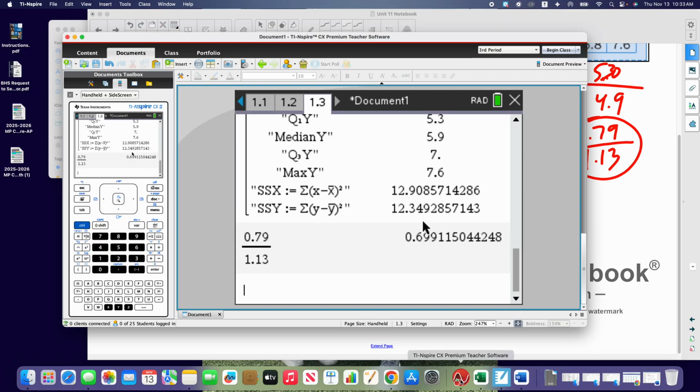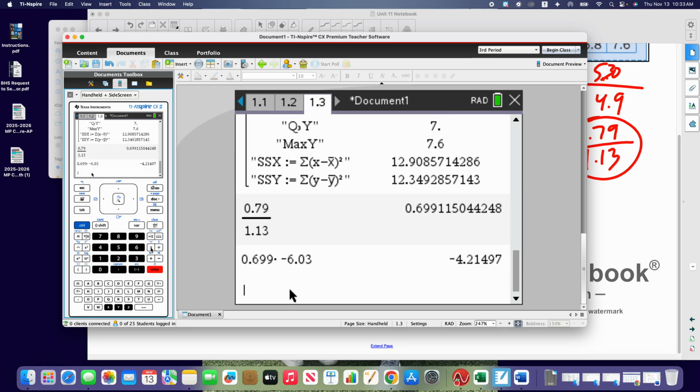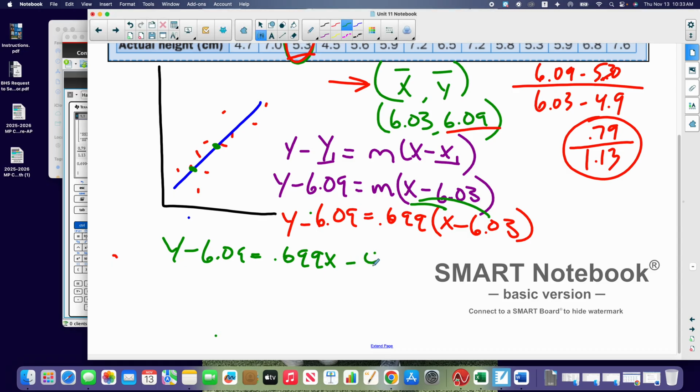So 0.699 times negative 6.03. So I got negative 4.21. And then I'm going to add the 6.09.